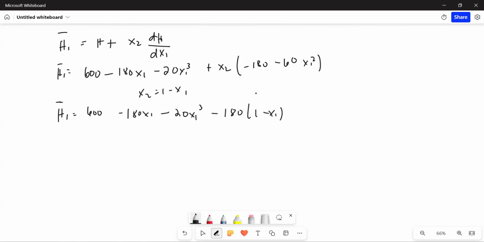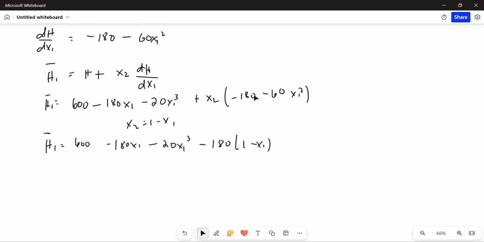So this is the x2. I already distributed x2 to the rest of the terms inside the parentheses. And minus 60 x sub 1 squared times 1 minus x1.